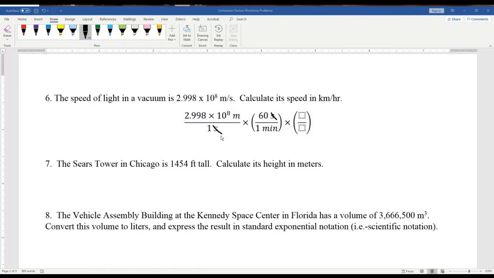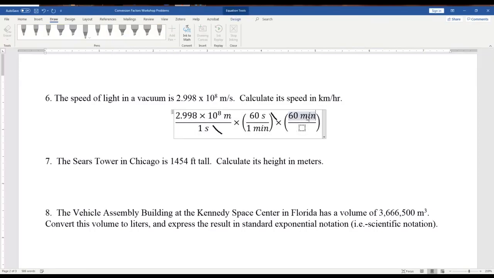Yep. 60 minutes go over 1 hour exactly. The 60 minutes goes on top, 1 hour goes on bottom. All right. So 60 minutes is equal to 1 hour. Now minutes is canceled out, and I can actually go ahead and convert meters to kilometers.